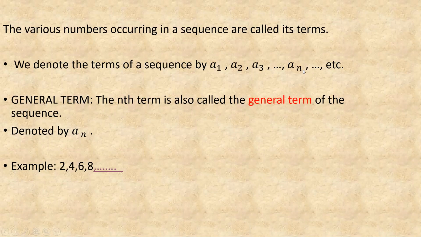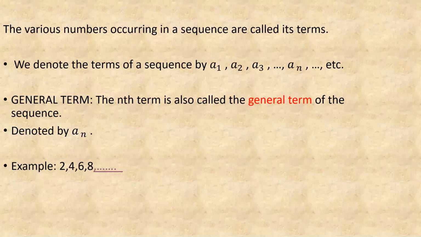And AN will represent nth term. The last term. Okay. You said last term. Beta, we will come to know whether this is last or not. I will tell you in the next slide. But AN represents nth term. It can be the last term or it cannot be the last term, depending on the number of terms.